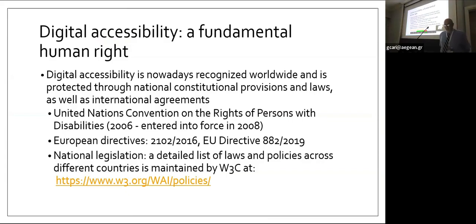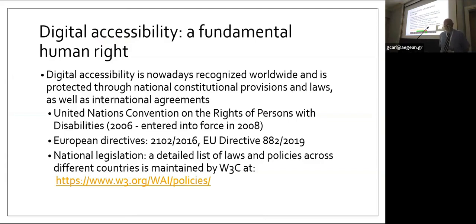The provision of equal access to digital services to every citizen, including persons with disabilities, has now been recognized worldwide as a fundamental human right and protected through national constitutional provisions and laws, as well as in international agreements.